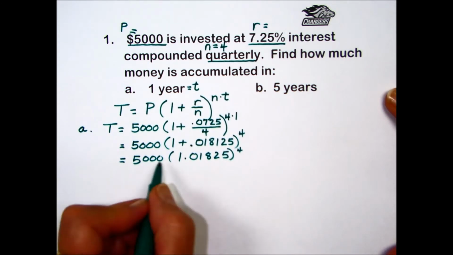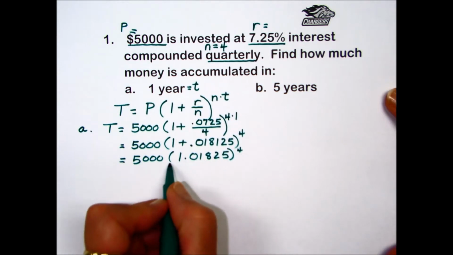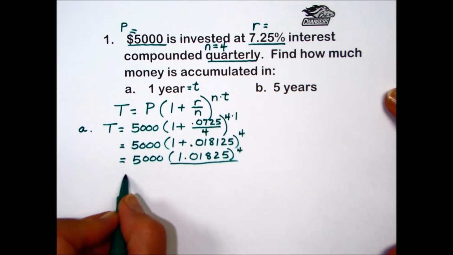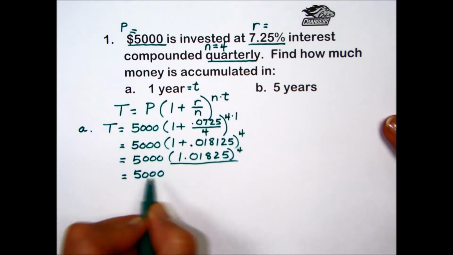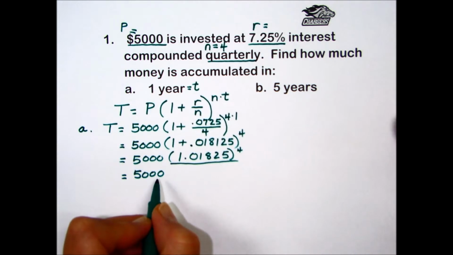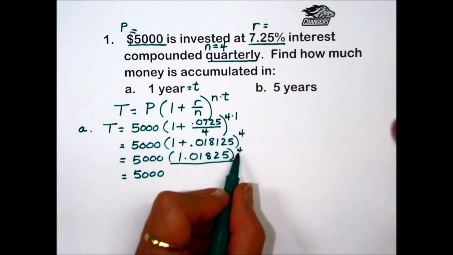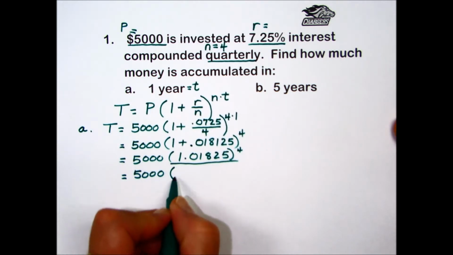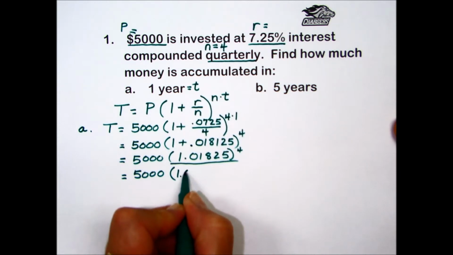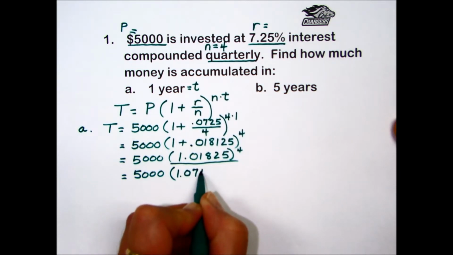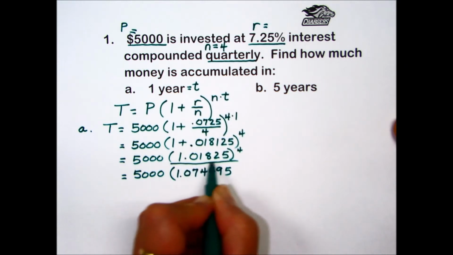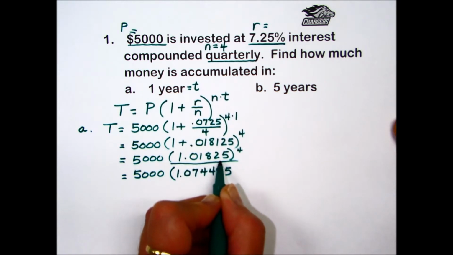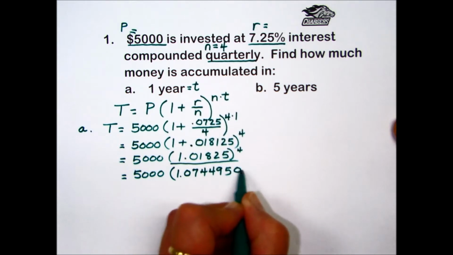Next, we have multiplication and an exponent. The exponent has the highest priority following the order of operations. So that will give us 5,000 times, here's where you would use your exponent key on your calculator. And I would leave this number in my calculator. I'm not going to round it, so I'm going to indicate here the value that I had when I took this value, 1.018125, to the 4th power.